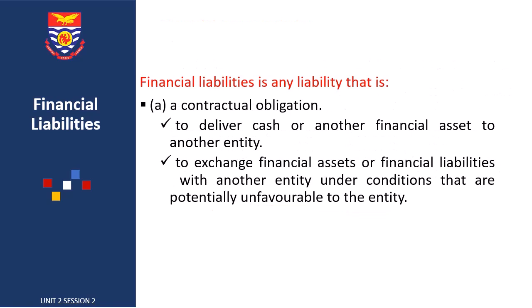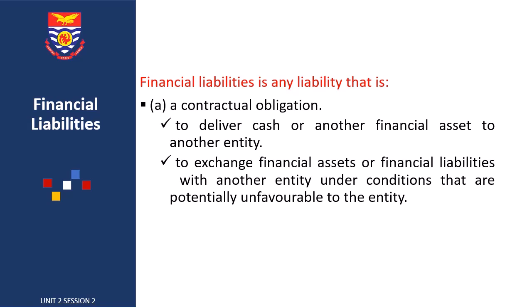Now we look out for the second element in the definition. It is like this: the contract will either give rise to financial asset of one entity and a financial liability or equity. So we want to look at the financial liability, what it means to say there is a financial liability.